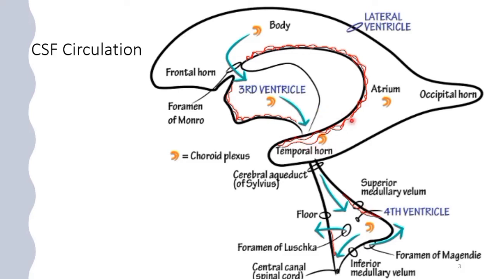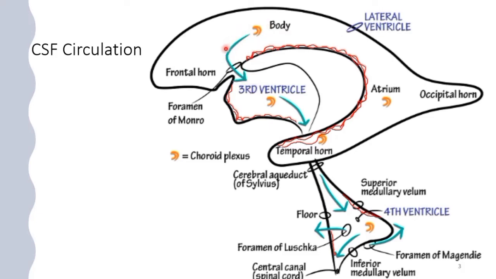CSF is produced from the choroid plexus of the ventricles, mainly the lateral ventricles. This red line is the choroid plexus: in the lateral ventricle, in the third ventricle, and in the fourth ventricle. Mainly CSF is produced in the lateral ventricle. The green arrow shows the flow direction.